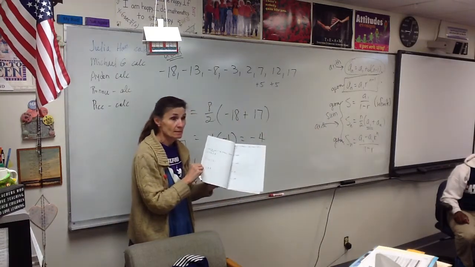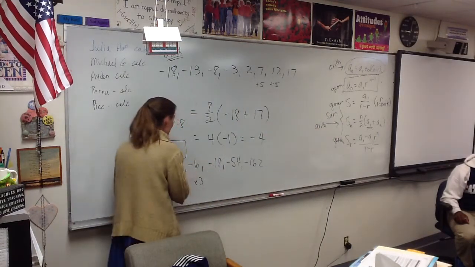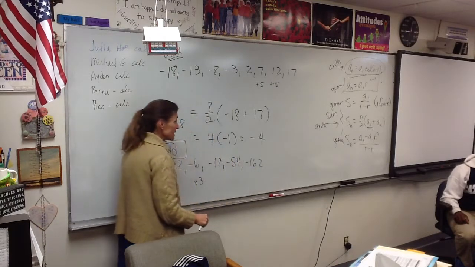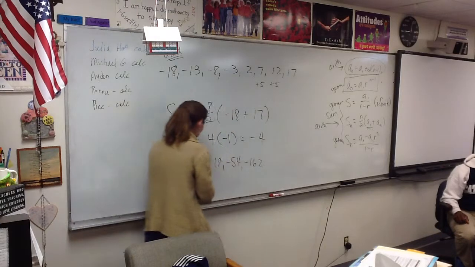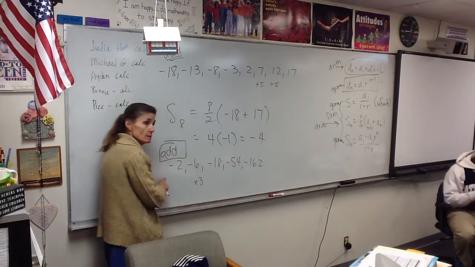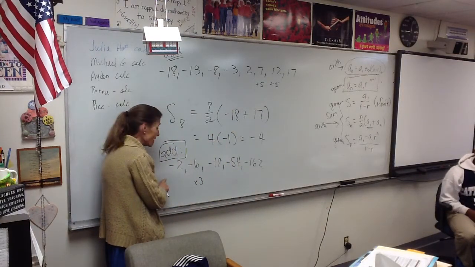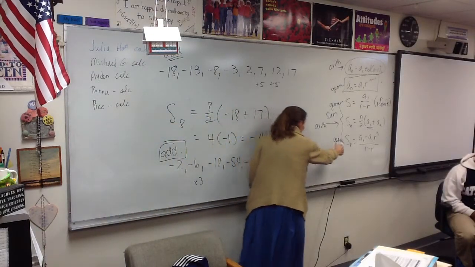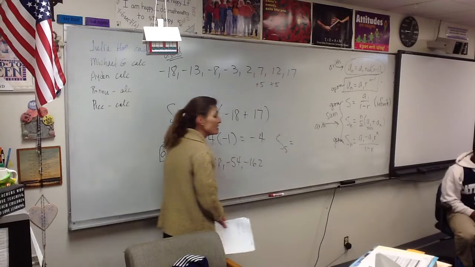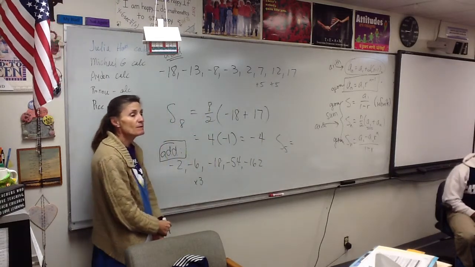That's infinite. If you know how many terms you've got, it's not infinite, so we're going to use this formula right here. How many terms do I have, boys and girls? 5. So I am going to say S sub 5. I'm using this formula right here. Because it's not infinite, there are 5 of them. Infinite means forever.